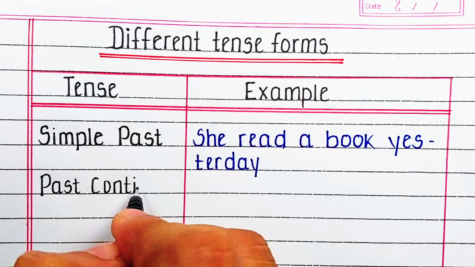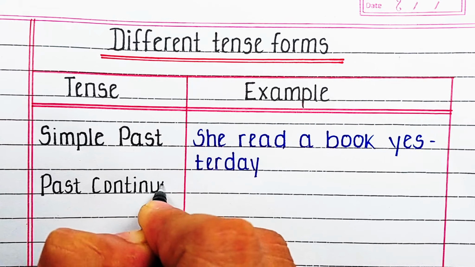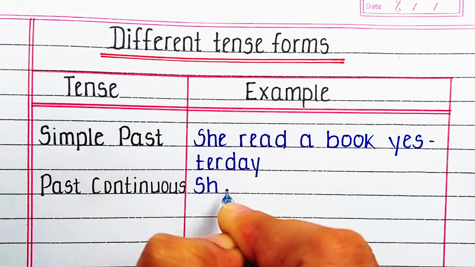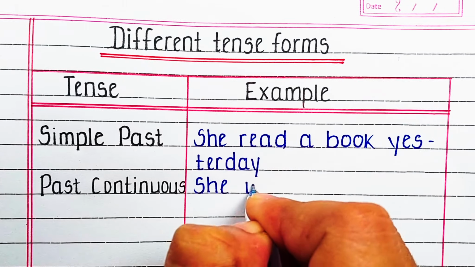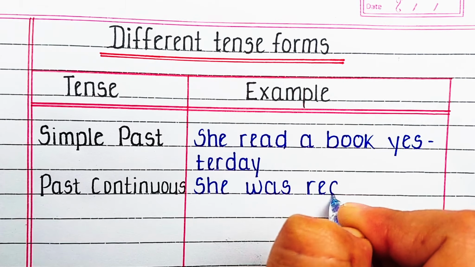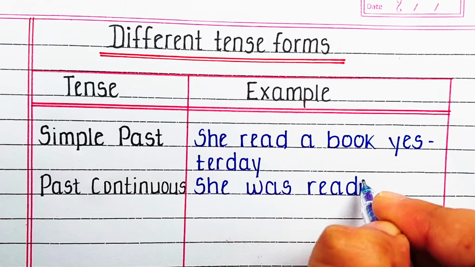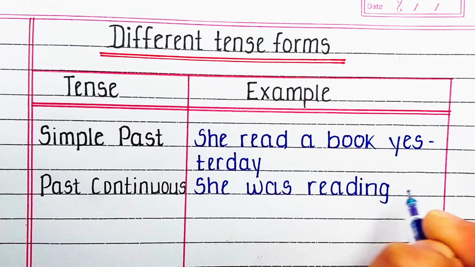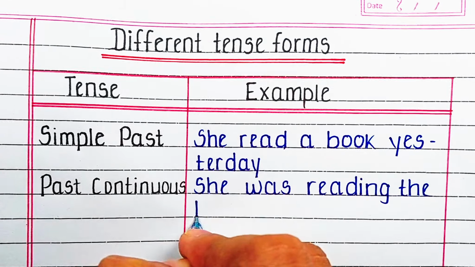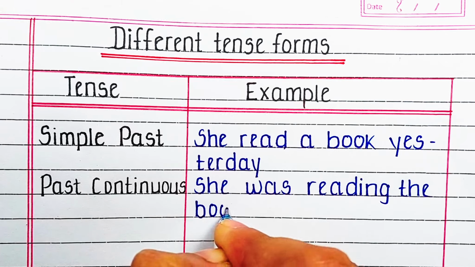Next is past continuous, which should be in progressive form. Example, she was reading the book.